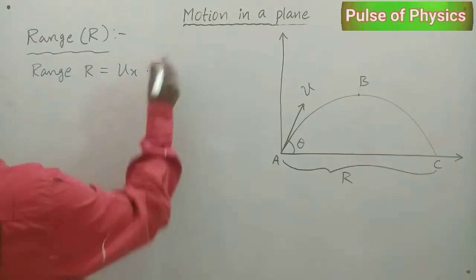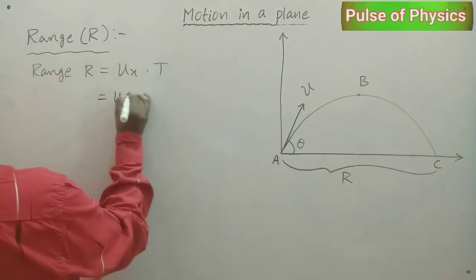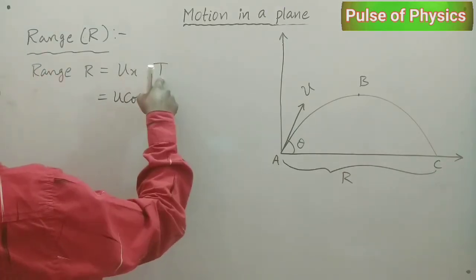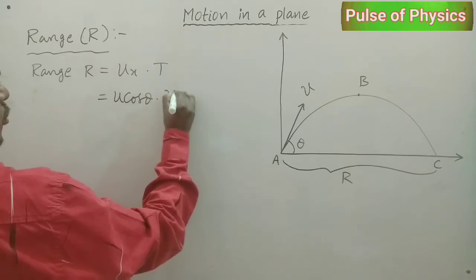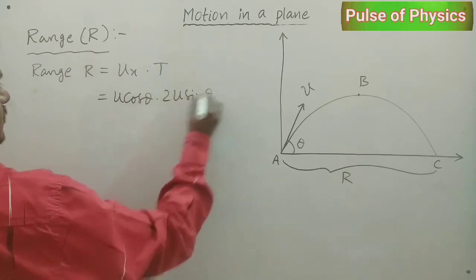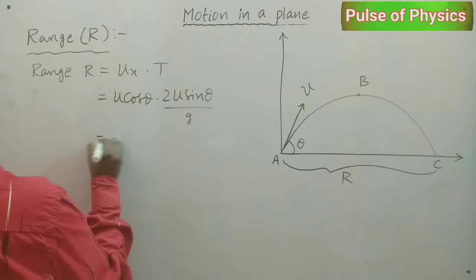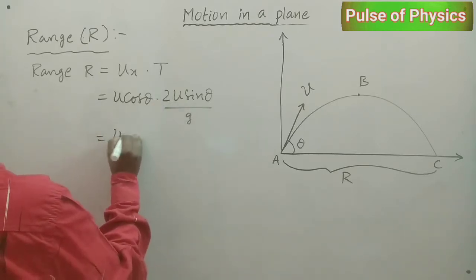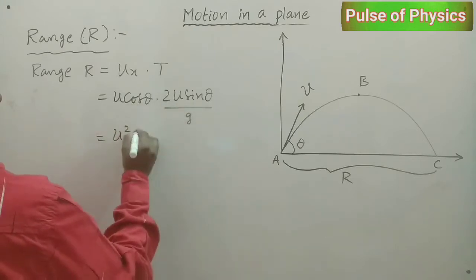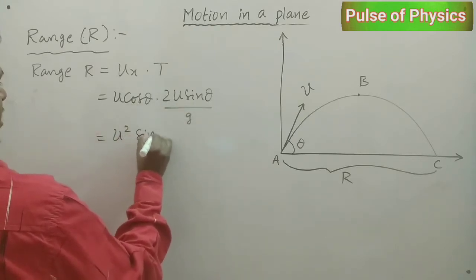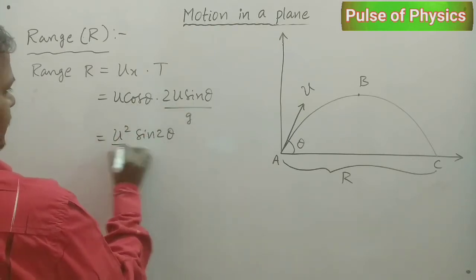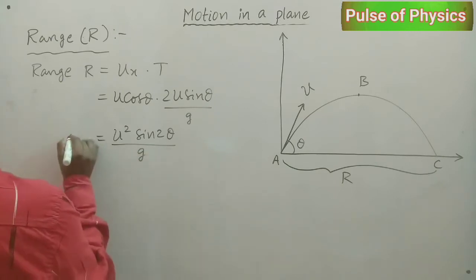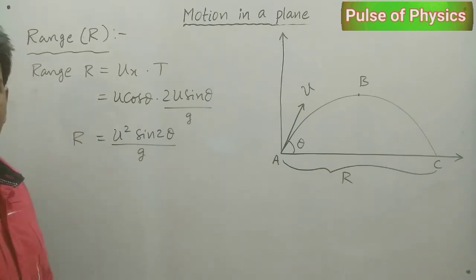Here ux is u cos theta, and the time of flight formula is 2u sin theta by g. So from this, we can write u square, 2 sin theta cos theta, that is sin 2 theta, by g. So, this is the formula for range.